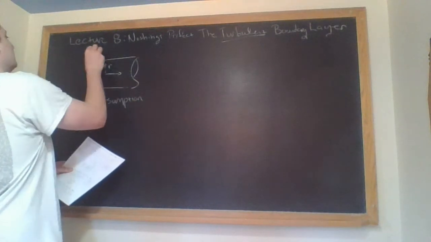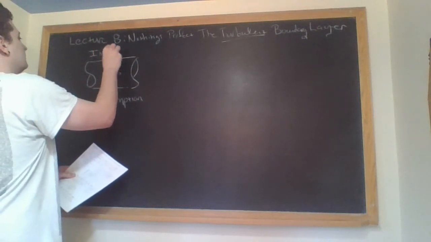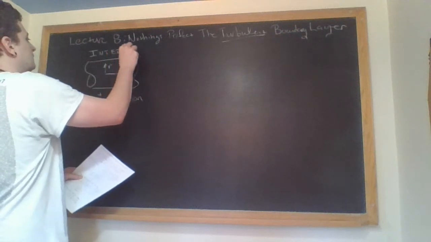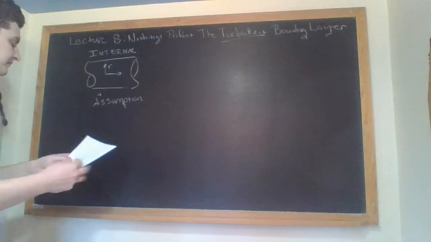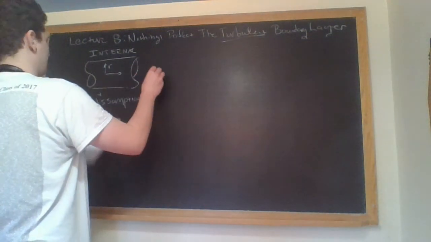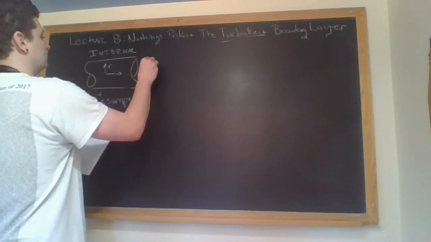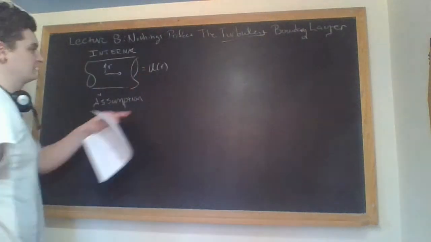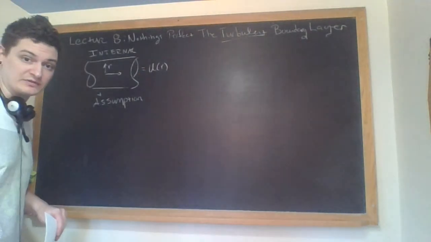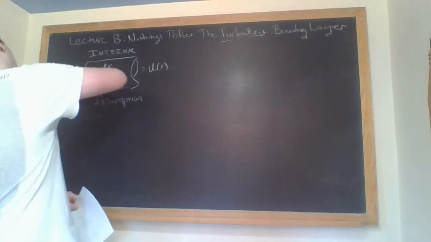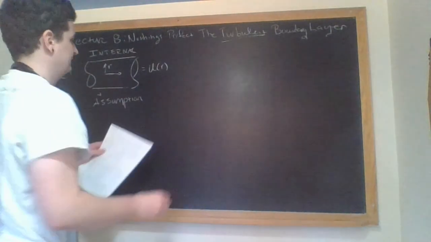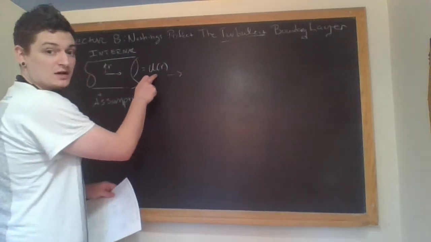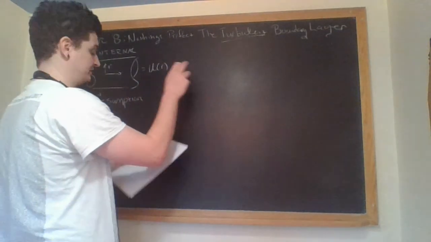For internal flow, we drew a diagram of a single straight pipe, and then for laminar, we could come up with the velocity distribution as a function of r. This is the laminar case. This function could then be used.